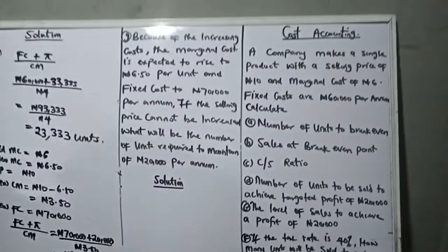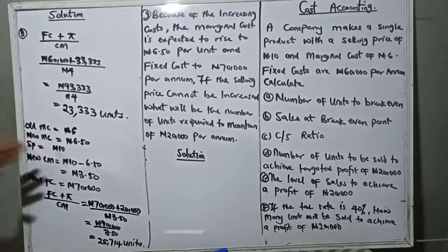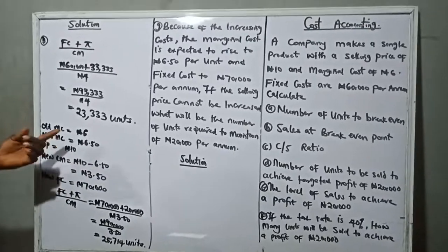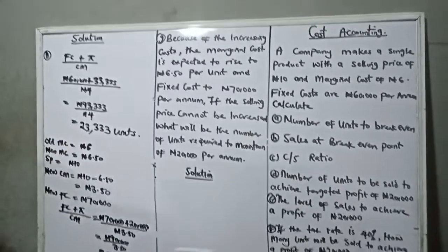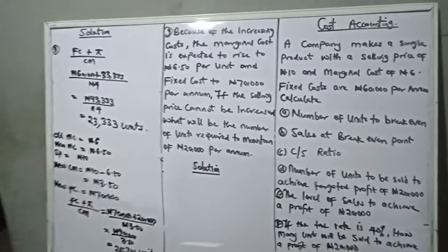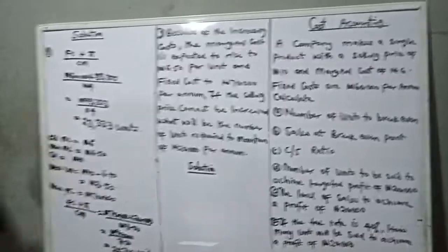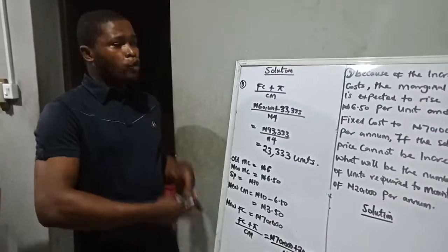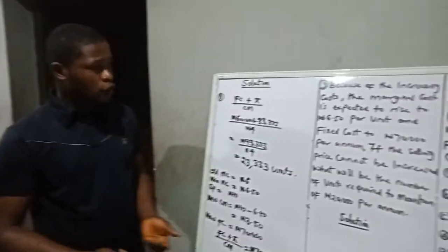Now you can see what I just did is that there is a change in the variable cost, and there's also a change in the fixed cost. So all these changes can happen in a question. It can also happen when you have multiple products.